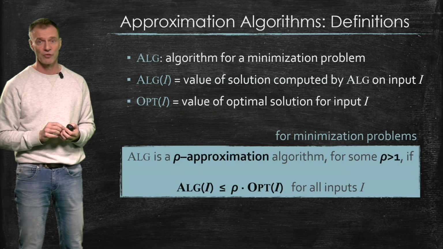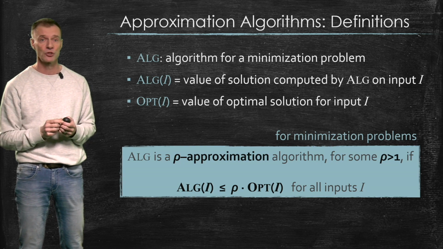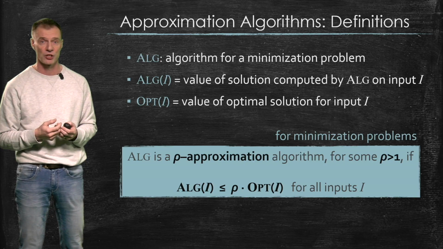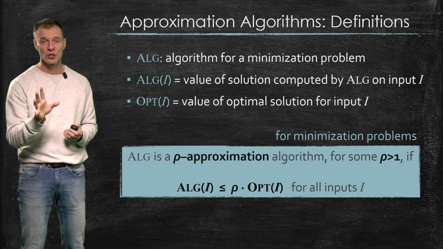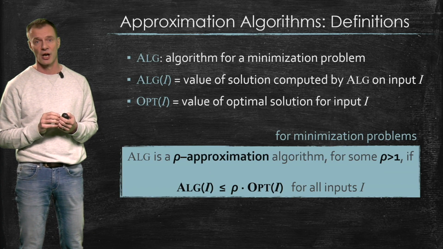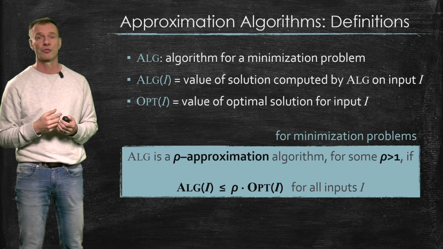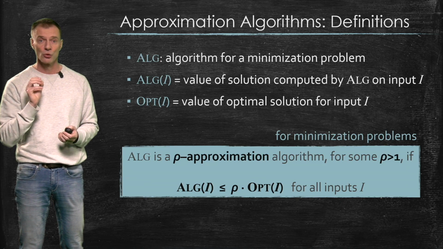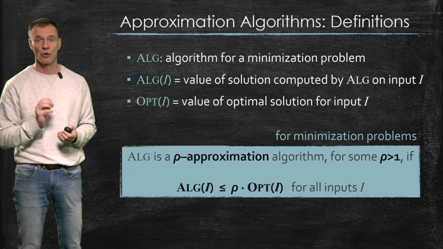The definition I'm giving now is for minimization problems. Later, we're also going to look at what the definition would be for maximization. But for minimization, the criterion is that for any possible input instance I, the value of the solution that we compute, ALG(I), is at most rho times the value of the optimal solution.